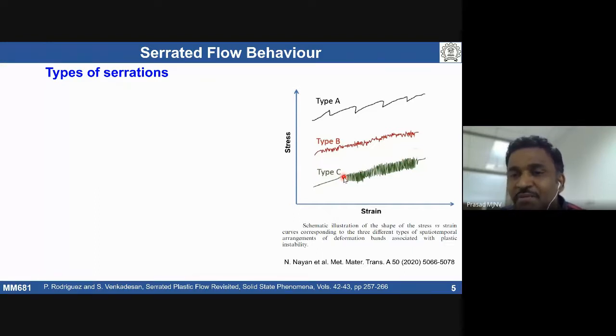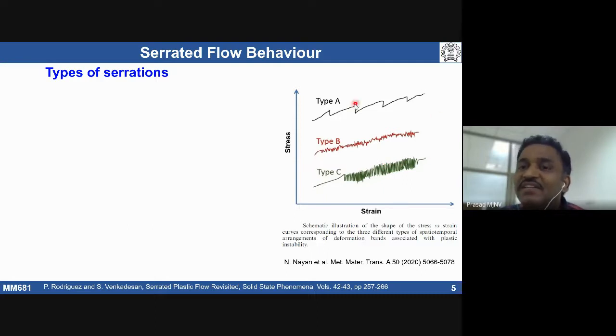But what happens when there are serrations? In type A, the serrations happen below this regular curve. Whereas in type B, we see serrations within the general stress-strain curve while work hardening continues. In type C, serrations happen below the general stress-strain curve.